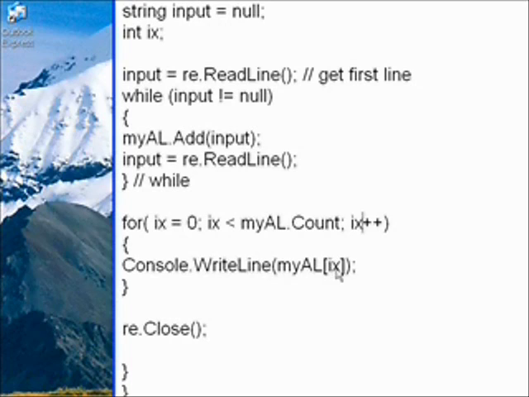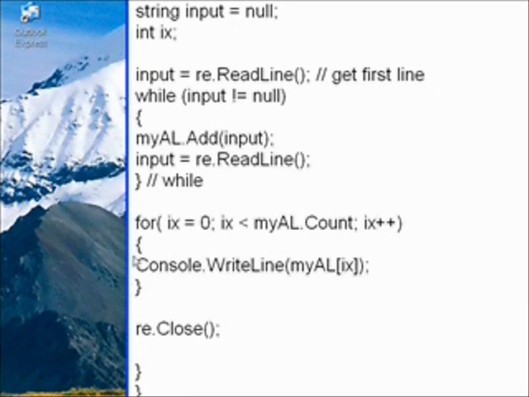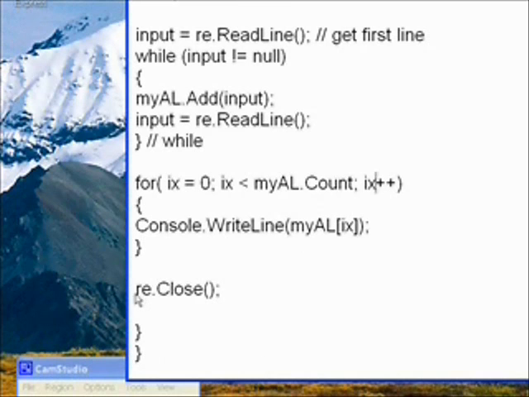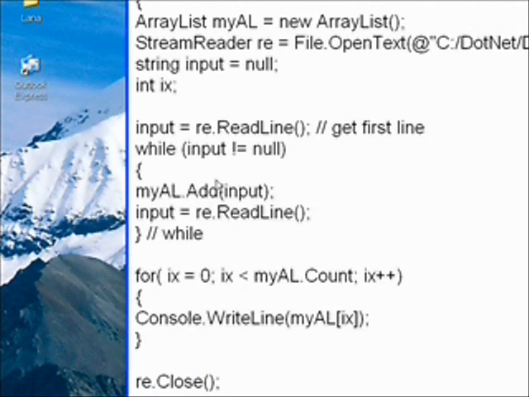We keep looping until IX is greater than myal.count, which means we've gone through all the members, since .count is set to the number of members in the array list object. And then once we fall through the loop, we do an sr.close, which closes our stream reader object. We initially opened it with the .OpenText function of File.